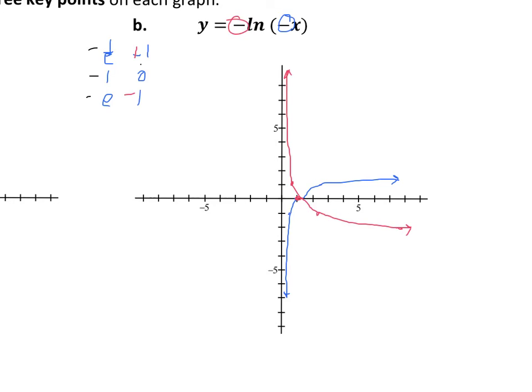And instead of e, it is negative e. So let's plot those points now. So now I'm at negative 1 over e and 1, negative 1 and 0, and negative e and negative 1. So now it looks like this.